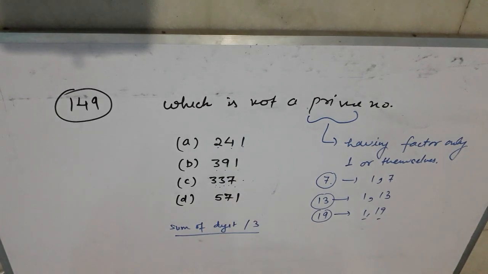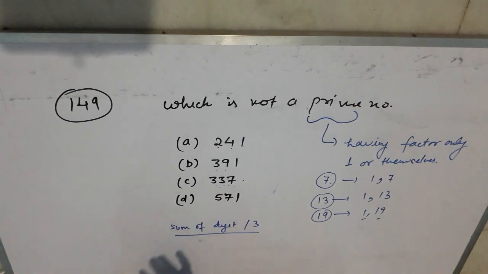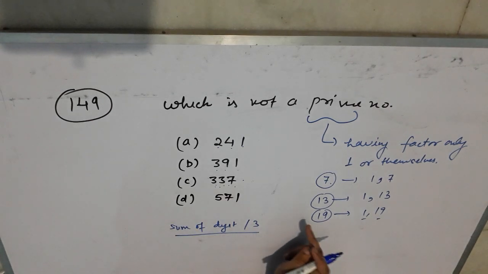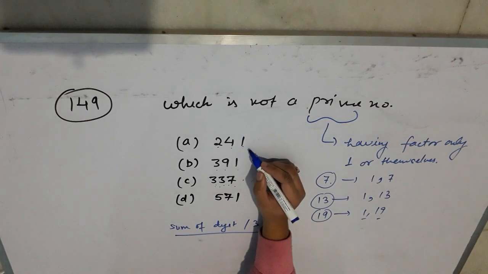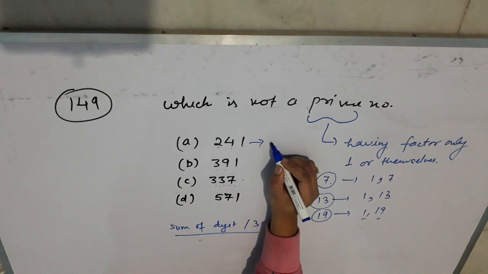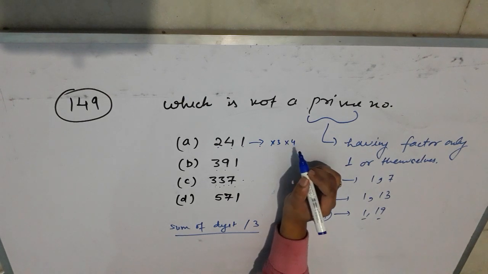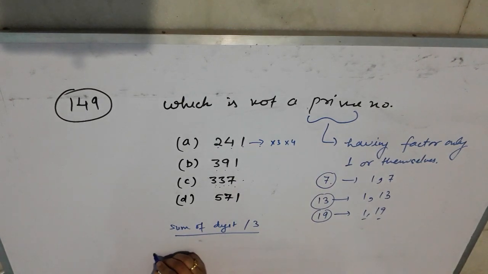So there will be one number among these four which has a factor. Let's check this number 241. It is not divisible by 3. It is not divisible by 4 also. How to check whether a number is divisible by 4 or not?